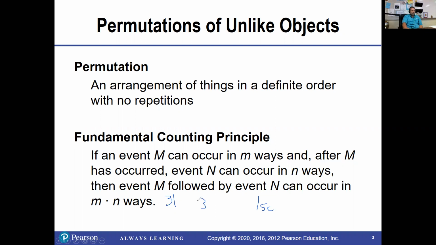So to figure out how many different ways that can happen, the fundamental counting principle says you multiply those. So you could technically design 93 different orders of 1 scoop of ice cream on 3 different cones. So that gives you an idea of what the fundamental principle is.